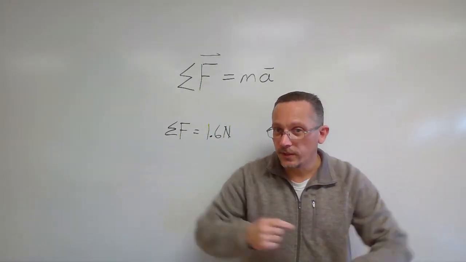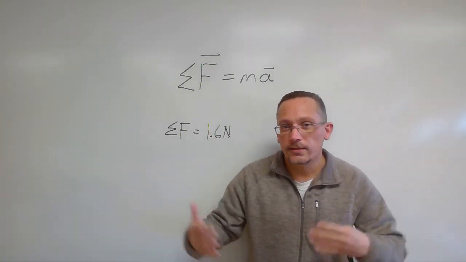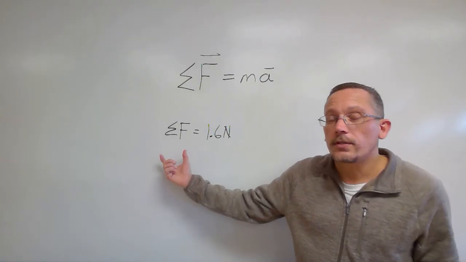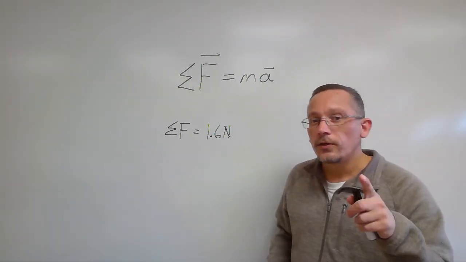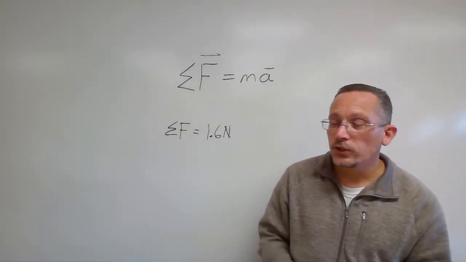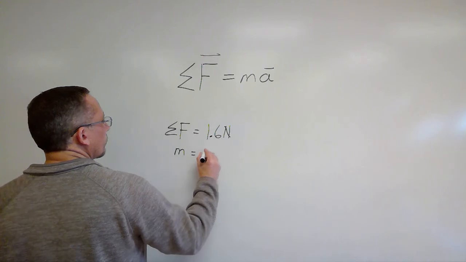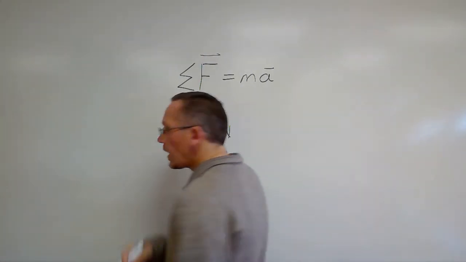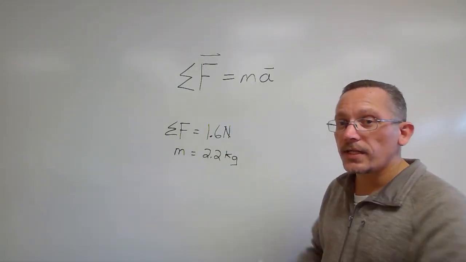If they're in opposing directions, that's great, that's easy. If they're at weird angles, then you've got some vector work to do there, right? But they just told us the net force, it's 1.6 newtons. So that's awesome. They also told us the book's mass. They said it was 2.2 kilograms. And then the question asked us to find the book's acceleration.